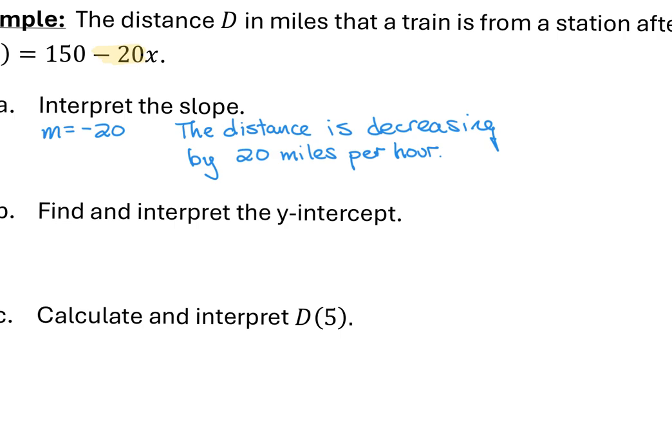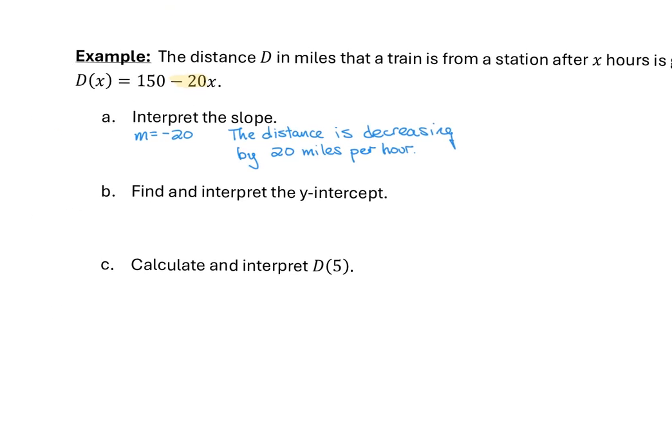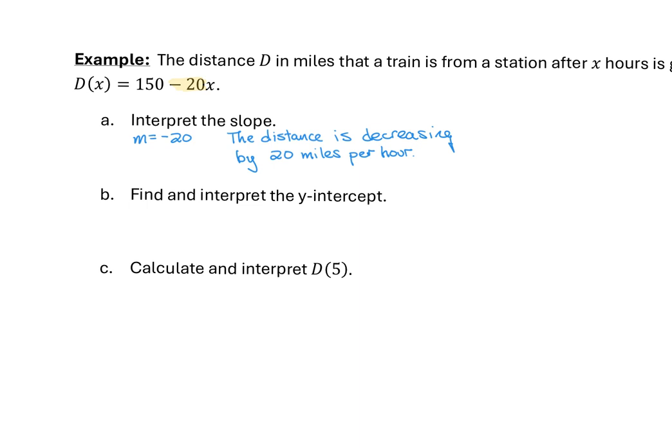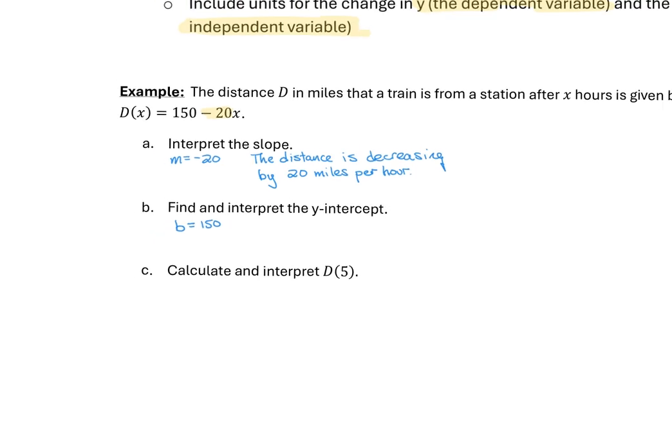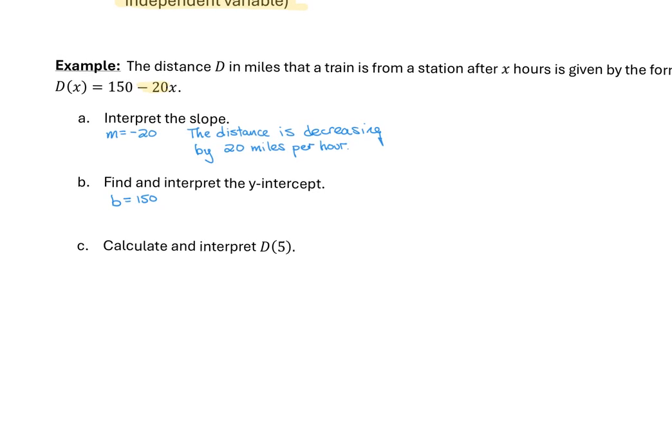We can also interpret other things. For instance, we want our y-intercept. Our y-intercept, this is our b value, which is 150. And we want to interpret it. So let's go back and read the sentence again. It says the distance in miles that a train is from a station after x hours is given by this formula.